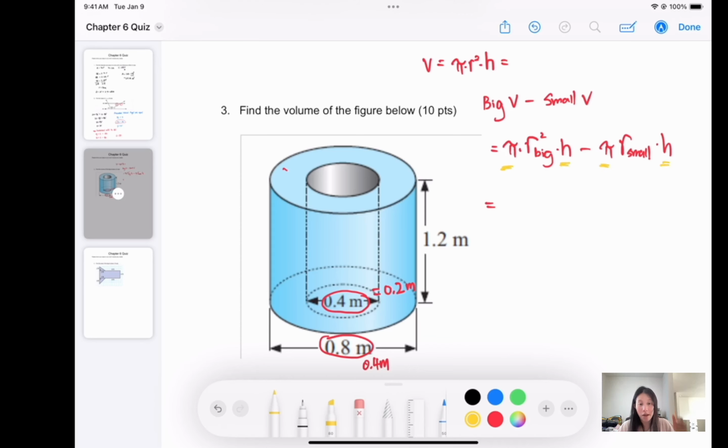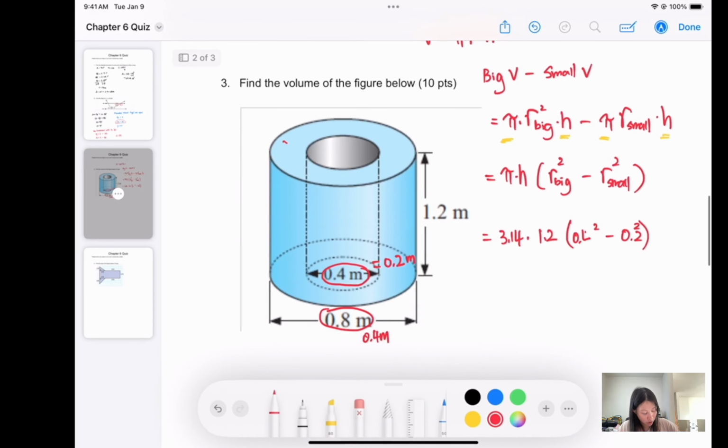That means we can factor out. We will have pi times h, parentheses, the big radius squared minus the small radius squared. So I have 3.14 times 1.2, which is the height, times 0.8 squared minus 0.2 squared. Sorry, it's 0.4 squared.